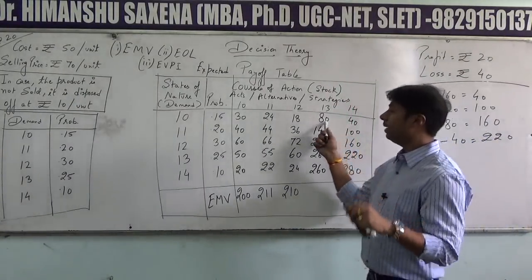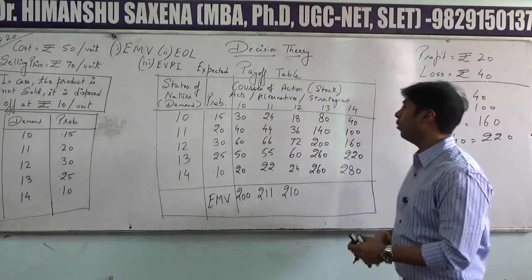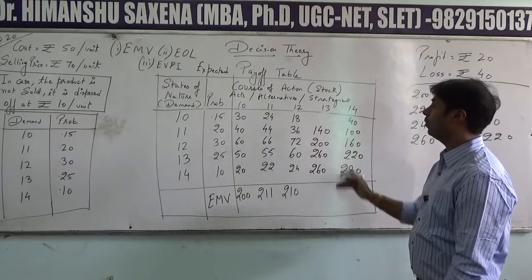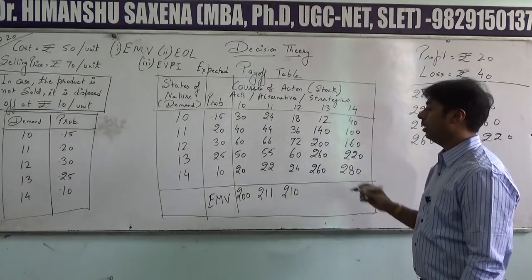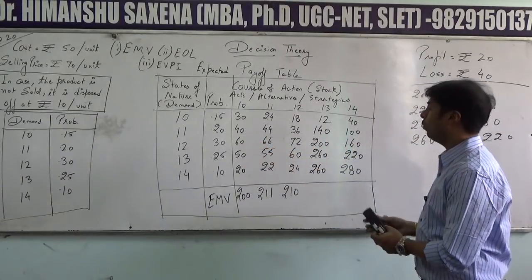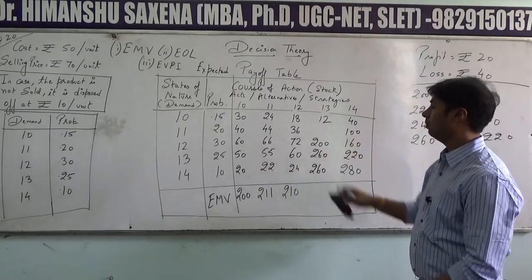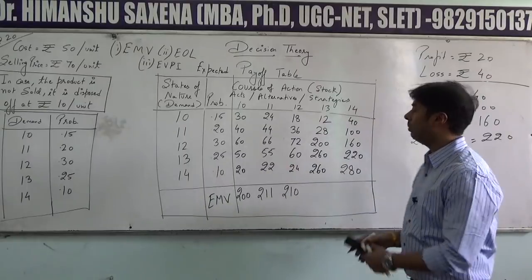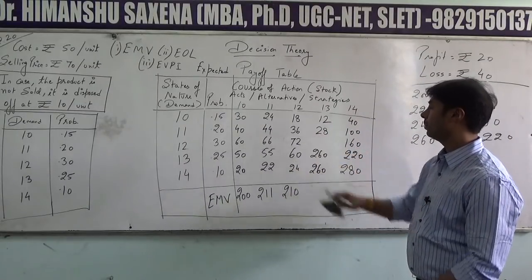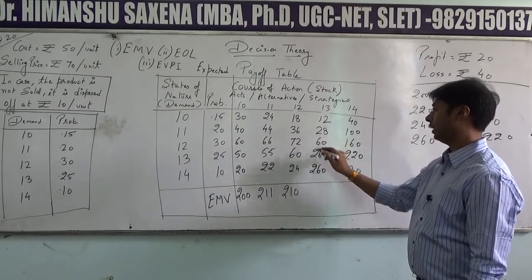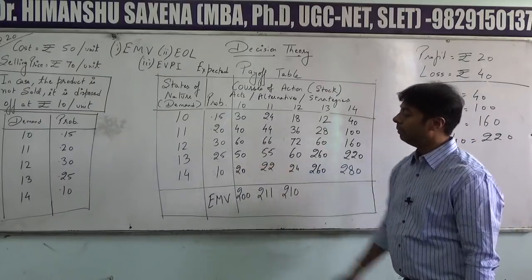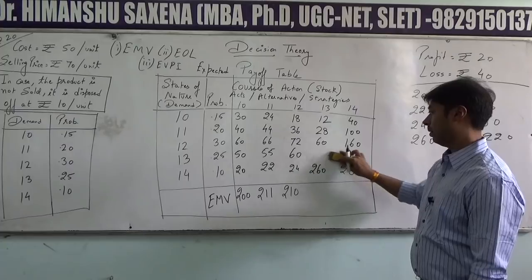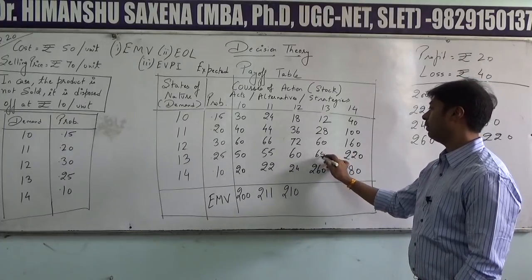Next, 80 multiplied by 0.15 will be equal to 12. 140 multiplied by 0.20 is 28. 200 multiplied by 0.30 is 60. 260 multiplied by 0.25 will be equal to 65.